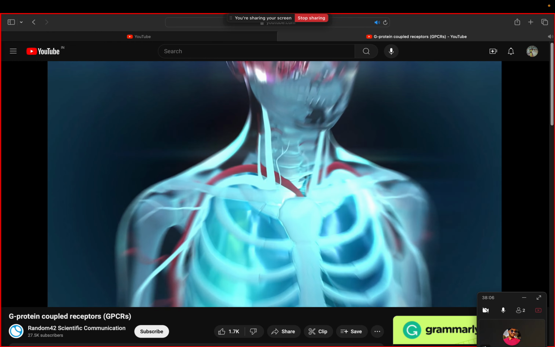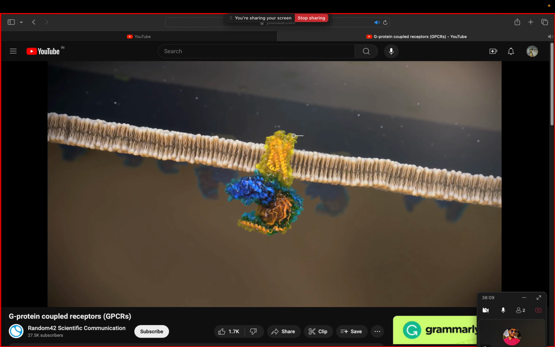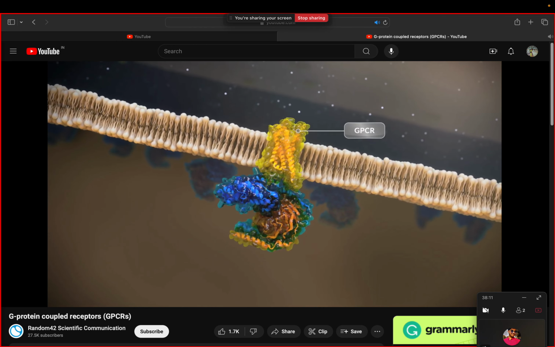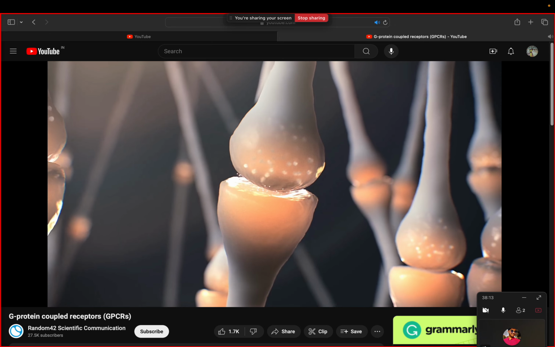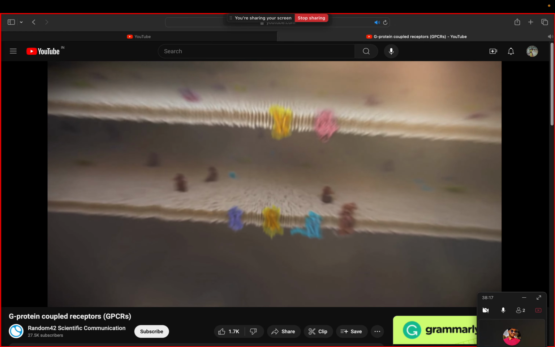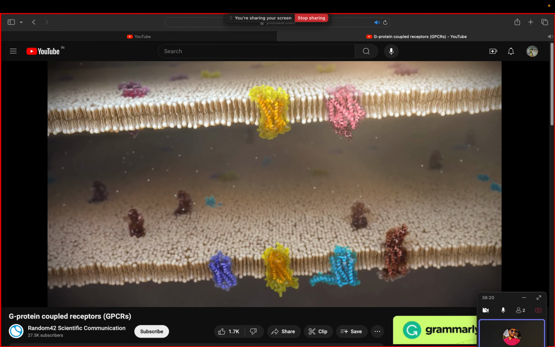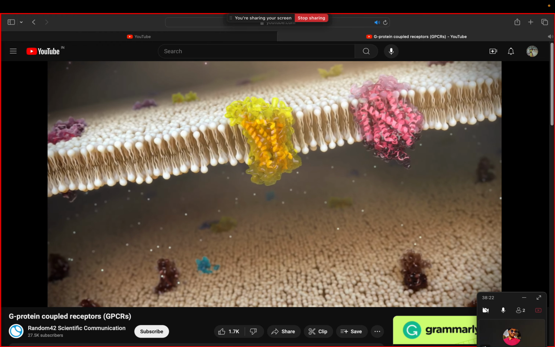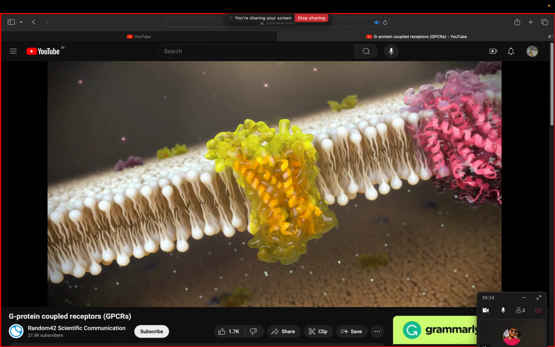G-protein coupled receptors, GPCRs, have central roles in many physiological functions and diseases. This diverse superfamily includes over 800 members, all sharing a common configuration, passing through the membrane 7 times. GPCRs are present on all cells in the body.